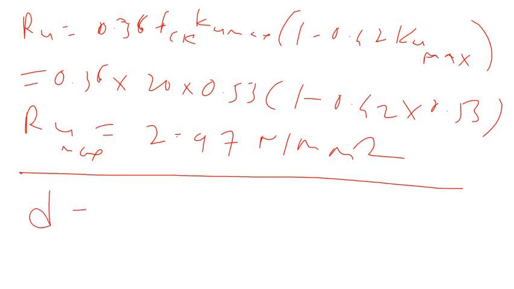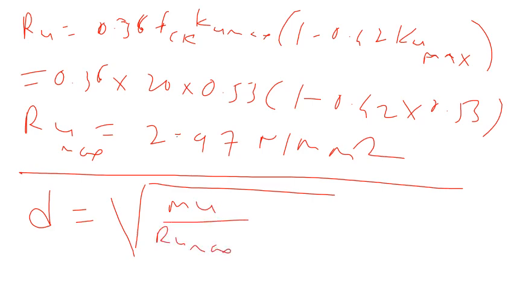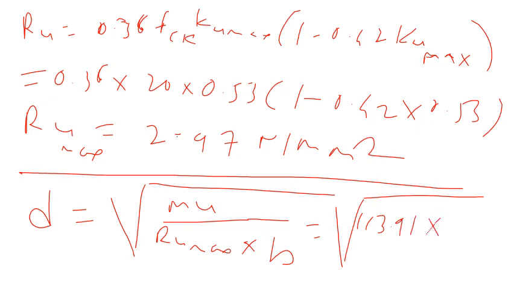So D, that is the depth until the center of the steel rods, is equal to this formula. Again I will write it here. Square root of Mu max divided by Ru max into B. So plug in the values. Mu is equal to 113.91, but this is kilonewton meter, so convert into Newton millimeter.